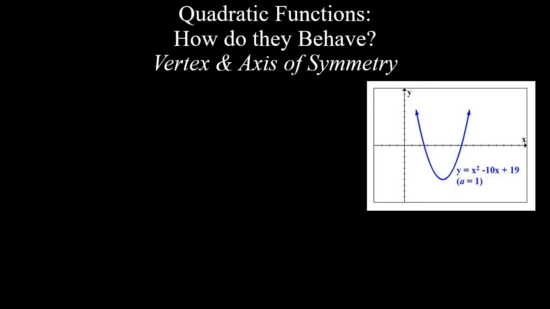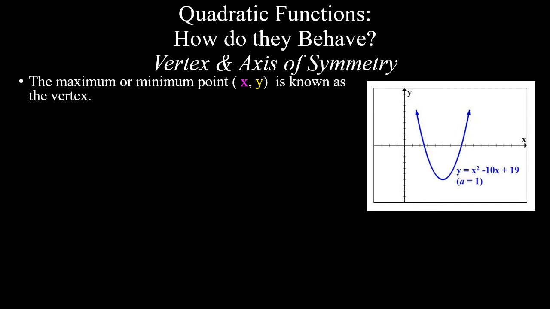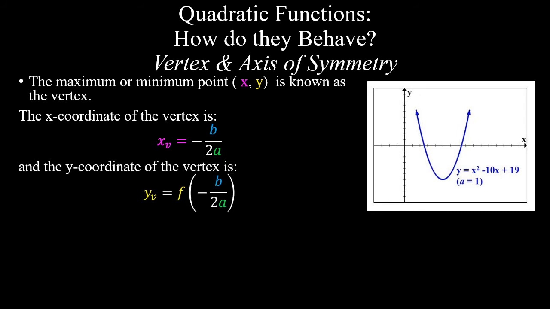We also need to talk about the vertex and the axis of symmetry when we're talking about how quadratic functions behave. So let's take a minute to talk about those. The maximum or minimum point on the ordered pair xy is known as the vertex. The x coordinate of the vertex, which we denote as x sub v, we calculate by using the formula negative b over 2a.